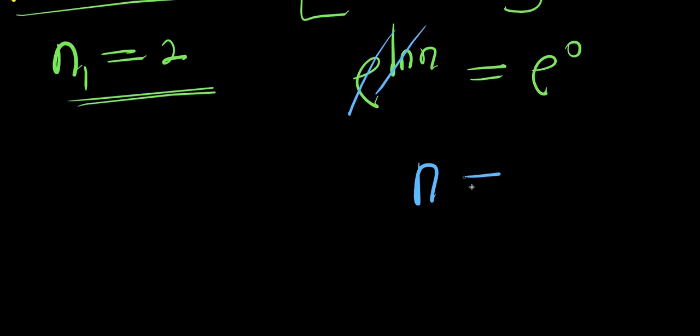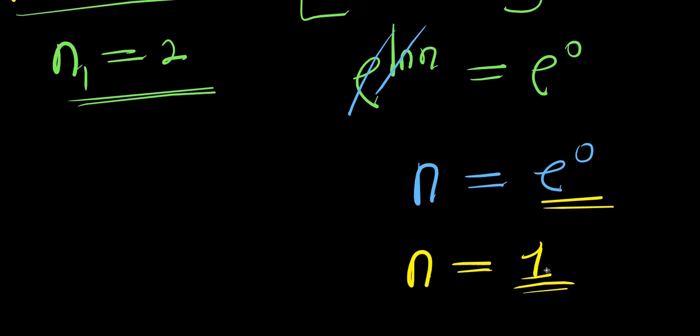From here we have n equals e^0, that is 1. Remember, any number raised to the power of 0 will give you 1. So we now have two values for n: n equals 2 and n equals 1.